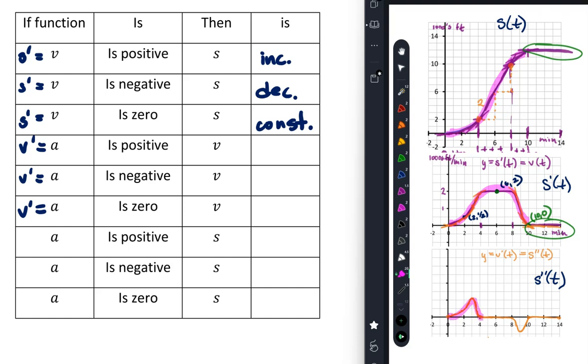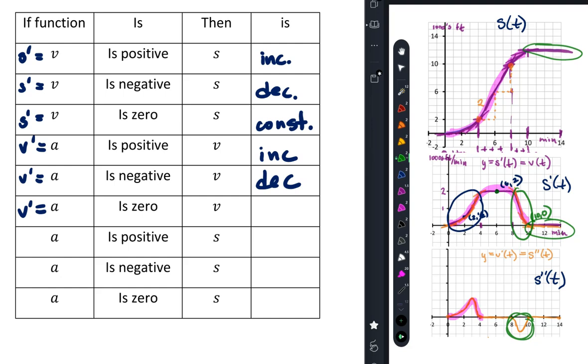When a is positive, this original v function was increasing. When a is negative, I do have a little chunk of negative. It's right here, and that lines up with when my velocity function was decreasing.